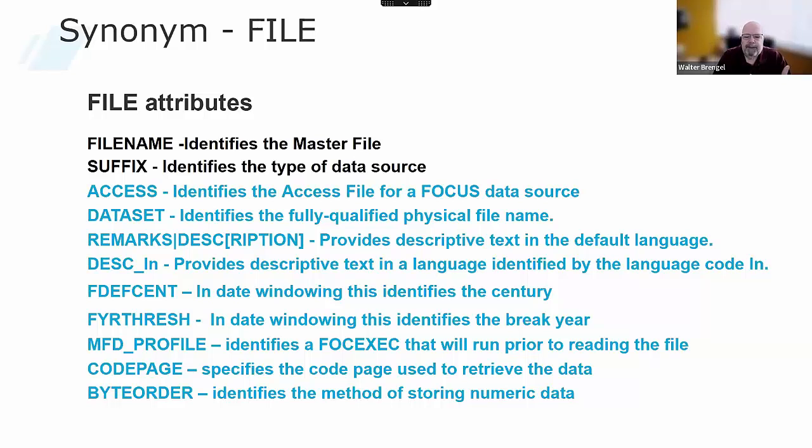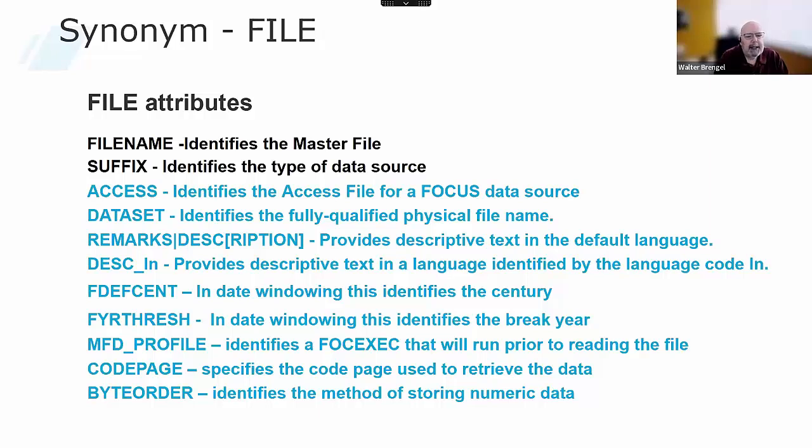So we started out with file name and suffix. Those are required. The ones in blue you may or may not have. So ACCESS: if your suffix has SQL in the name, SQLMSS, SQLMYSQL, or if it's DB2, which doesn't start with SQL but is an SQL engine, WebFOCUS knows that those are going to have access files and will automatically look for them. Focus data sets can have an access file or not.